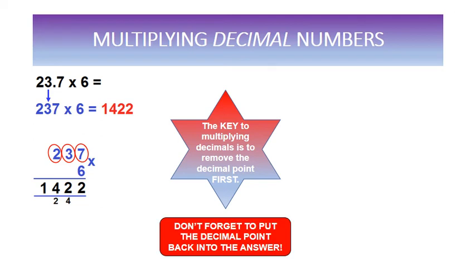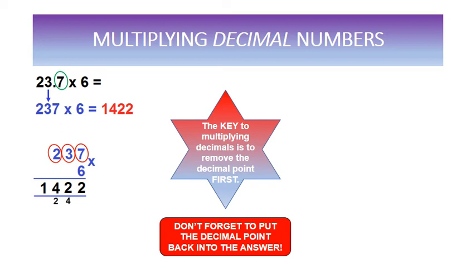So now what we have to do is we have to remember to put the decimal point back into our answer. And the way we do this is this: we look at the original question and we look at how many decimal places there are, and we have to look at both of the numbers, both the 23.7 and the 6. Well, the 6 is a whole number, so there are no decimal places. If we look at the 23.7, we've got one decimal place there.